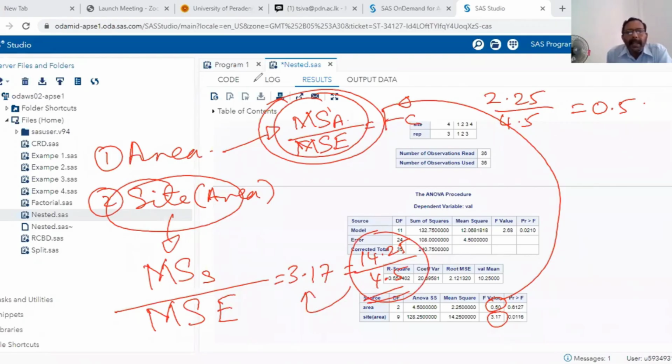Can somebody tell me, can we accept these values? We have two calculated values, this value and this value. Which value can we accept at the moment? Area F calculated value or site F calculated value, according to our theory.